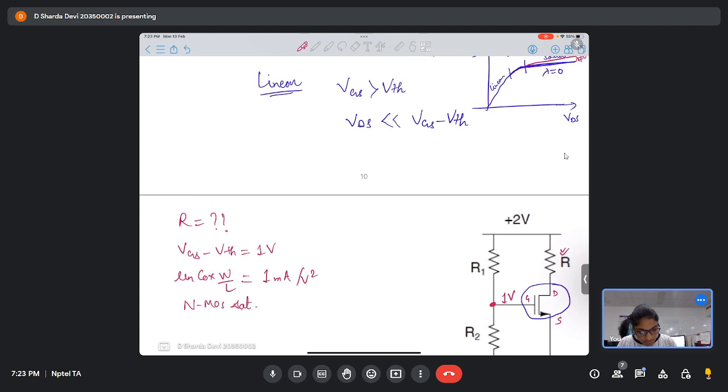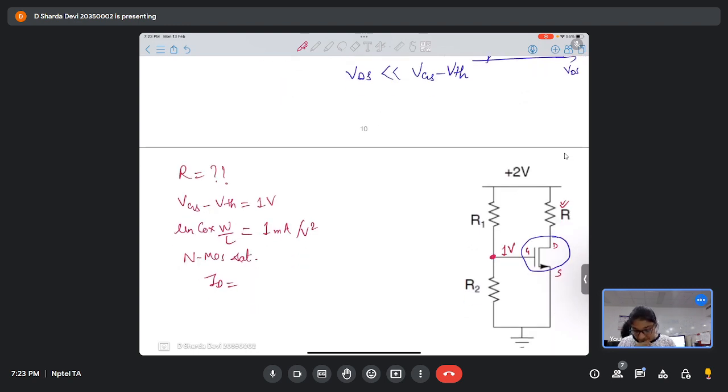saturation. So ID will be, what is the formula that we'll use for ID? mu n C ox divided by 2 W by L, VGS minus VTH whole square, right? This is the formula that we'll apply.